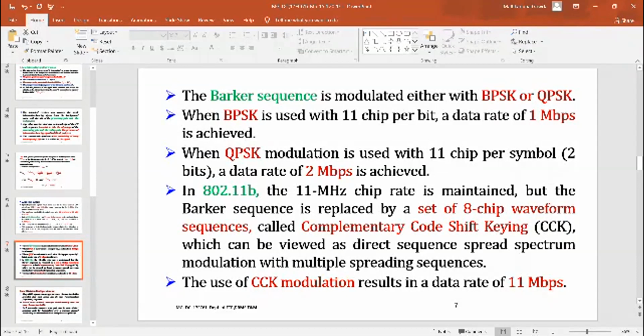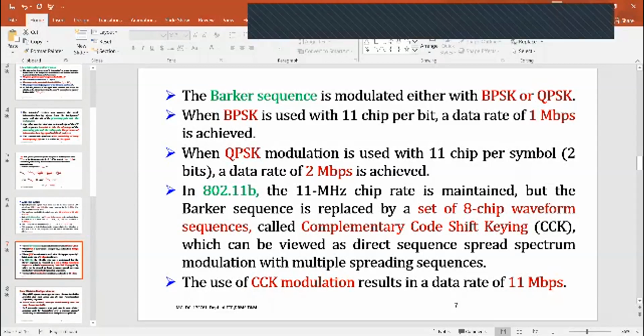What is that 8 chip waveform sequence? It is known as complementary code shift keying, that we say CCK. We can view this CCK as a direct sequence spectrum modulation with multiple spreading sequences.